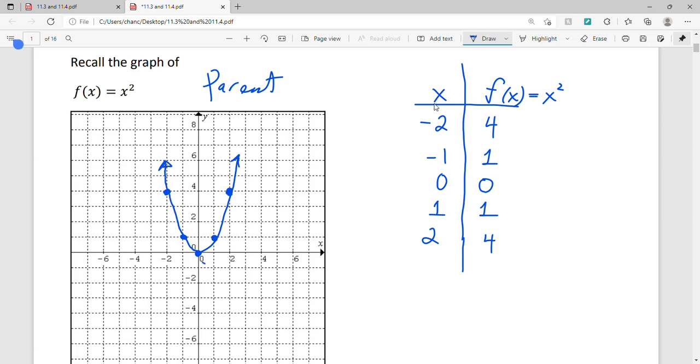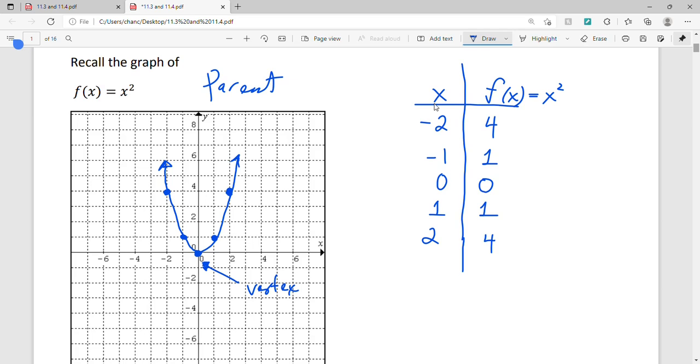Again, the vertex is located here at the origin. That's the turning point of our parabola. And so this is useful when graphing parabolas because all we have to do is shift it left, right, up, or down, but the general shape is the same.